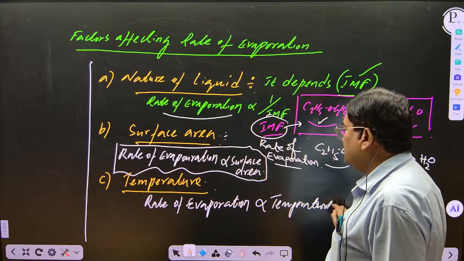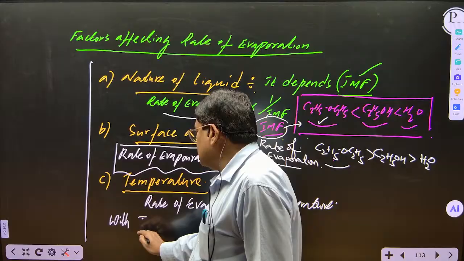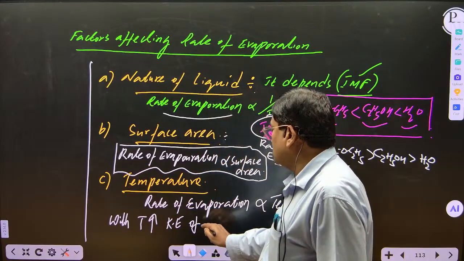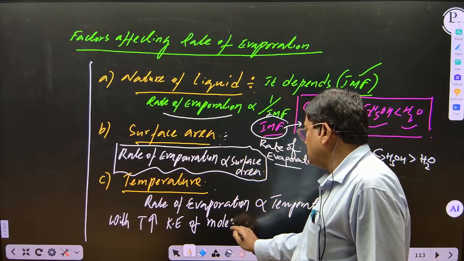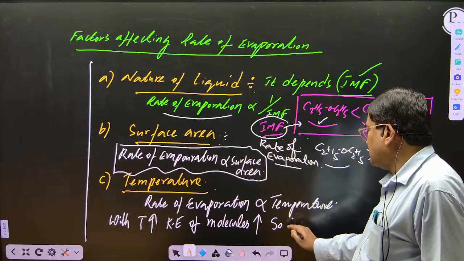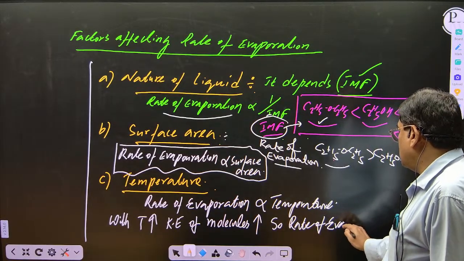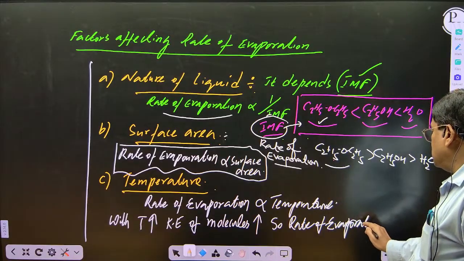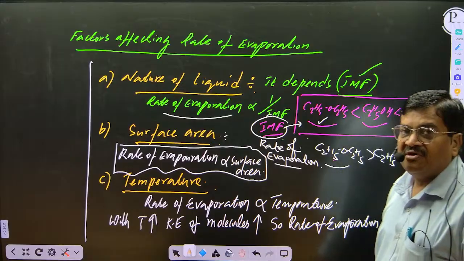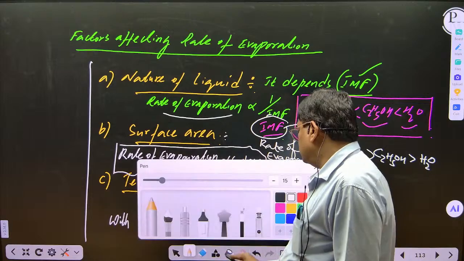So there you write: with increase in temperature, the kinetic energy of the molecules increases. So the rate of evaporation increases. Hence we say temperature is directly proportional to the rate of evaporation.